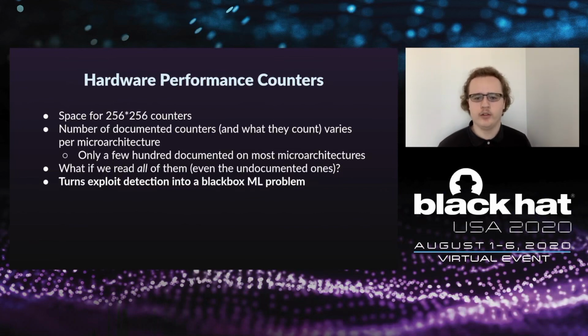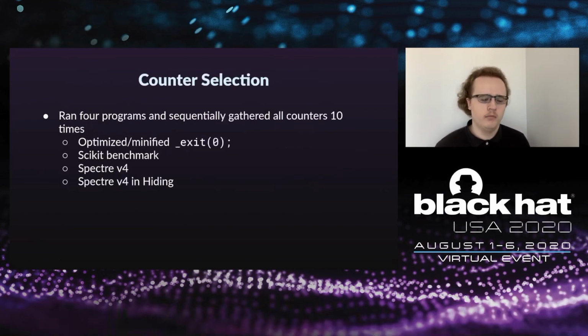By doing this, we're basically turning this exploit detection problem into a black box ML problem, so just completely changing the frame. So what are we going to run these counters on, though, I guess is the question that arises. We have 4 sample programs that we were running on. We have a minified exit 0, which is basically there just to detect any overhead of the kernel actually starting the process.